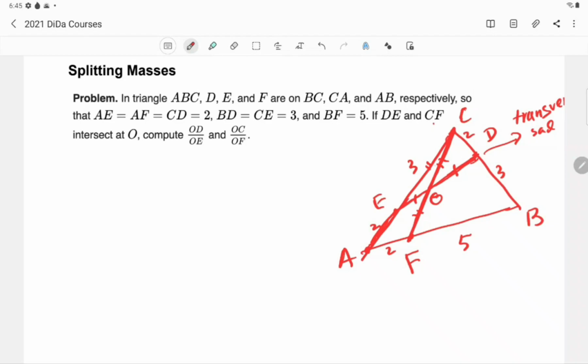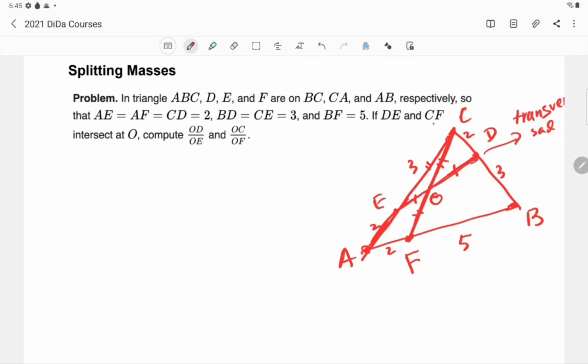And then you want to balance B and C around D, it needs to satisfy BD over CD. But then A and B need to balance around F.